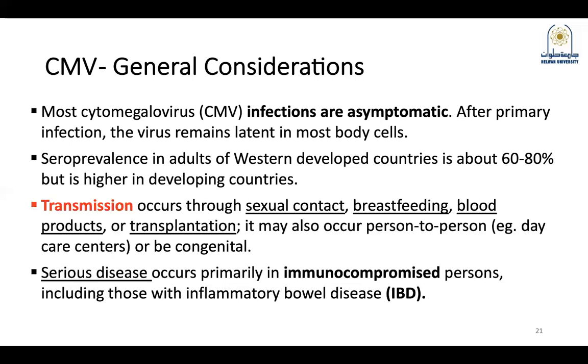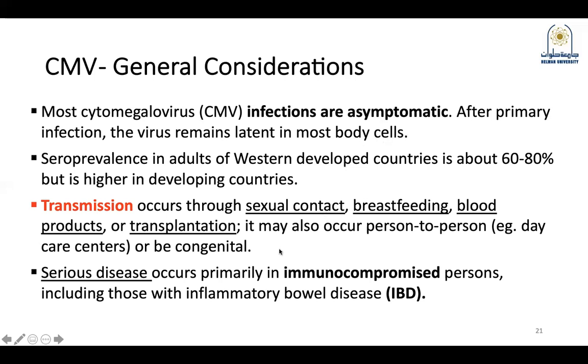Transmission occurs through sexual contact, breastfeeding, blood contact, or transplantation, which means that recipients of solid organ transplants are at higher risk of acquiring cytomegalovirus infection via the transplanted organ, because the cytomegalovirus lives in most of the body cells.